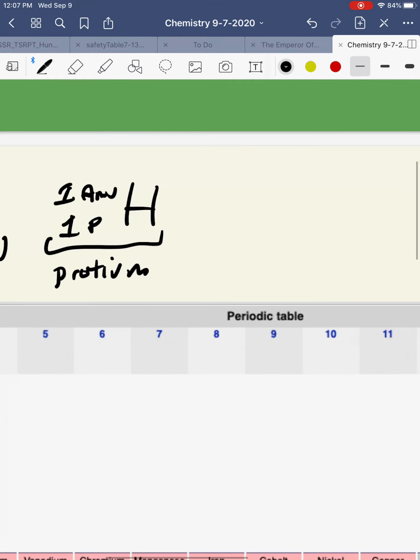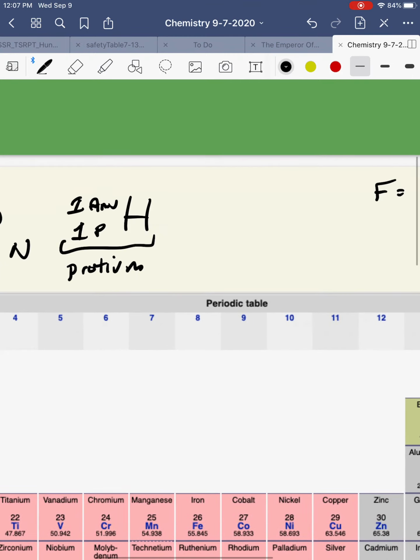So let's go on to the next question. Is it possible that hydrogen, it must have 1 proton, right? Because the protons dictate the actual element. Is it possible that hydrogen has 2 AMUs, meaning it has a mass of 2? And that is totally possible. We have what you call deuterium.